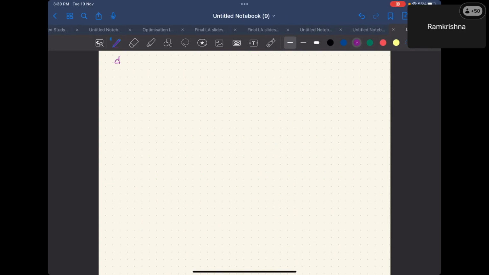What I know is that this D must belong to the null space of the gradient of H. Now let Z be Z1 till Zk, such that each of these Z1 till Zk span the null space of the gradient H.